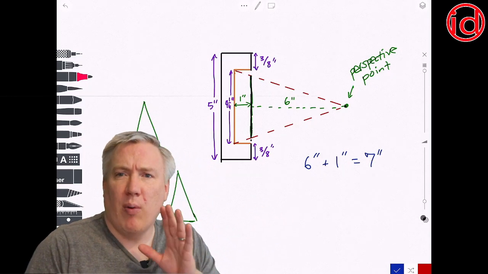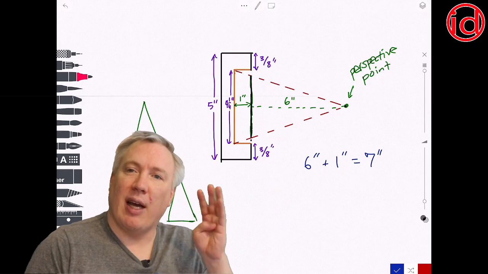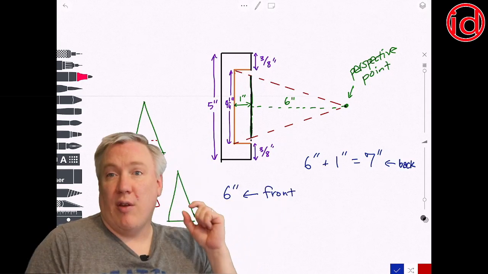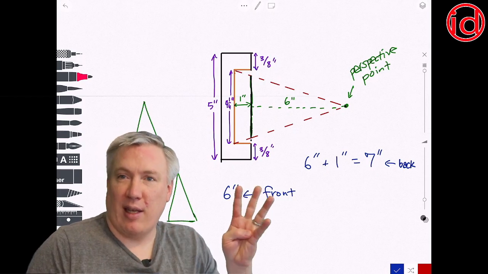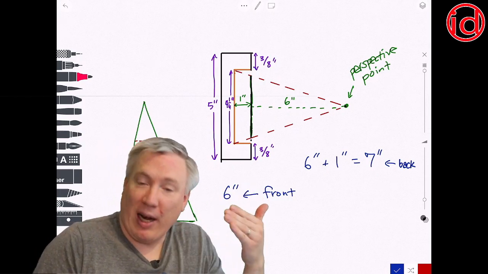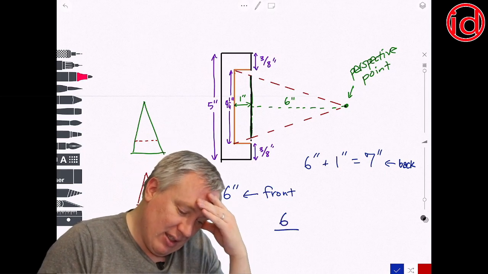Well, how far away in that same direction is the actual front of the object? That's only 6 inches. The front is 6 inches away, but the back is 7 inches away. So the back looks smaller by a ratio of 6/7.